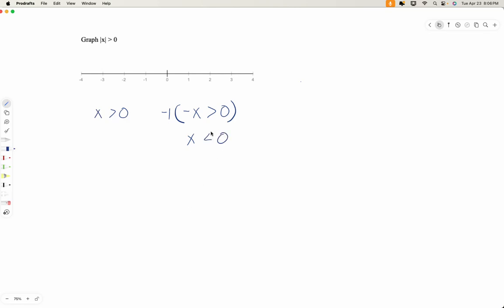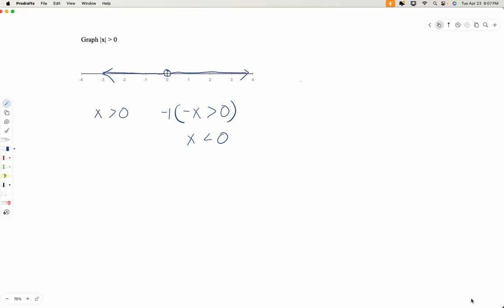But nothing is equal to 0, right? X is greater than 0. X is also less than 0. So circle the 0 because 0 is not included. There is nothing equal to 0. And then we go to the greater side and the less than side. That's the way you graph that.